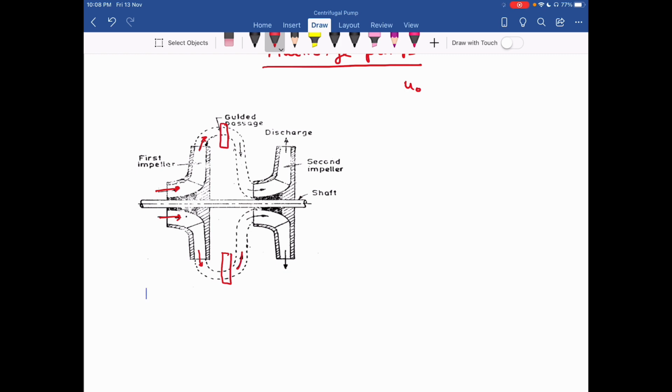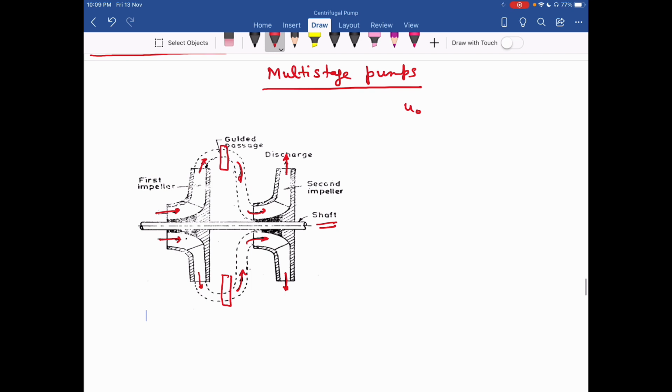So after guide vanes, it goes to the eye of the next impeller, okay, and then it again comes out from the second impeller, okay. So this is how two different impellers and one row of guide blades are mounted on a single shaft in case of a multi-stage pump.